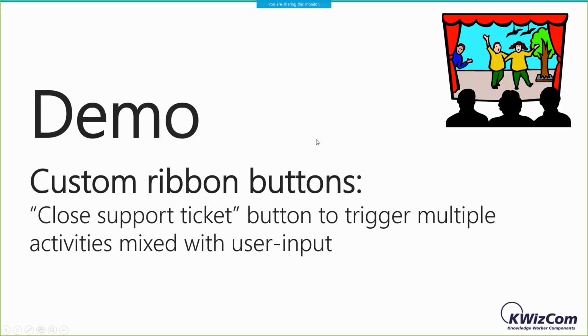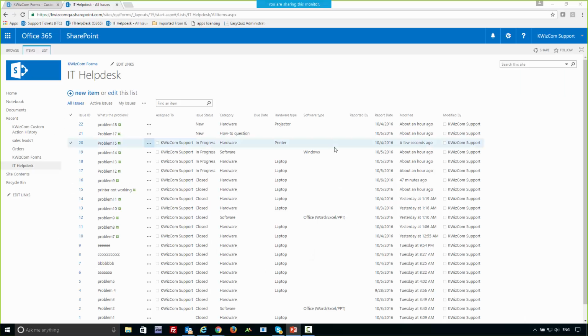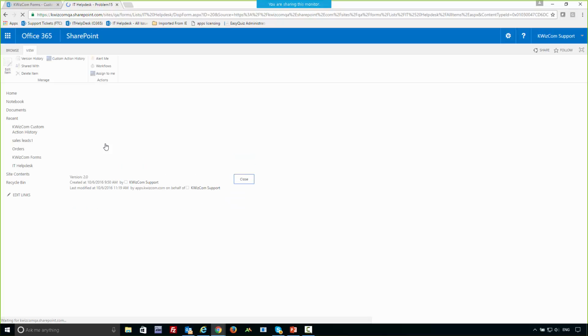So now I would like to add another custom ribbon button that will run some activities, but mixed with user input. Let me show you. When I watch a ticket which is assigned to me, let's say this one, and let's say I want to close this ticket.